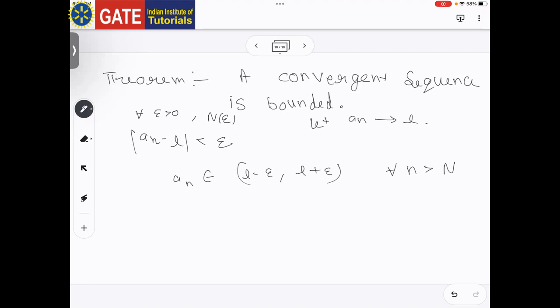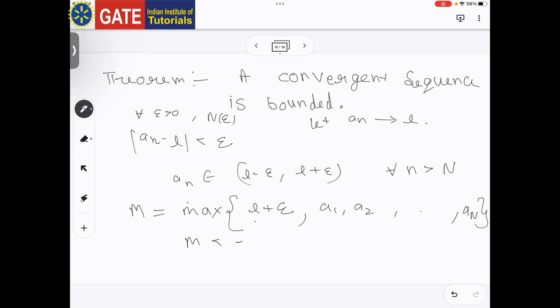So now you consider your capital M to be the maximum of L plus epsilon, a_1, a_2 up to a_N, because after a_(N+1), those are inside this interval. For that, we have chosen the max of these.